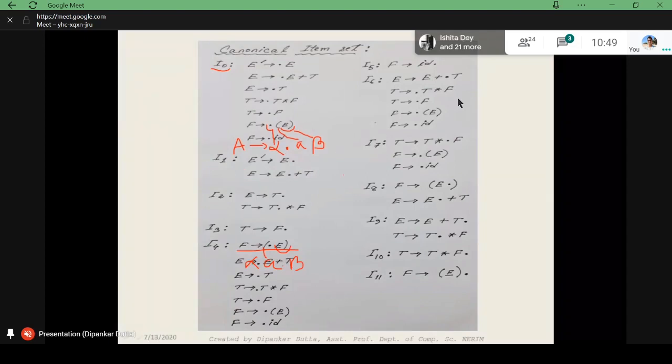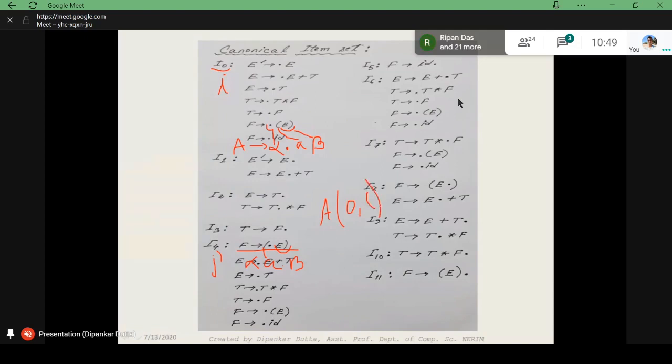So what is J here again? J will be I4, this is 4. And what is I here? 0. So then what will be the action? Action I means 0, the input is the left parenthesis.